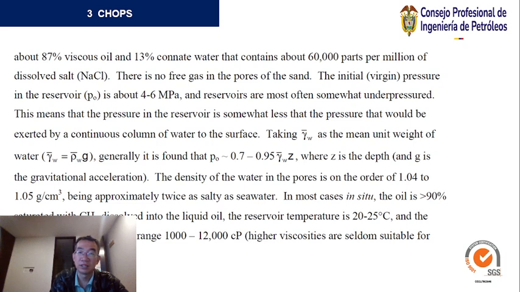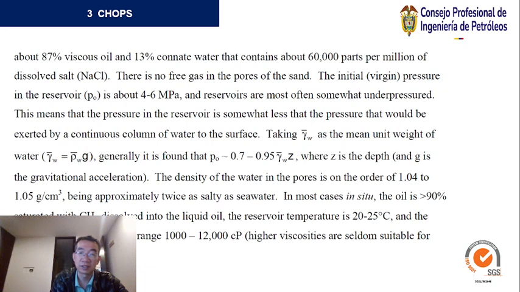Taking this as the mean unit weight of water, generally it is found that P0 is proportional to Z, where Z is the depth, the density of the water in the pores being on the order of 1.04 to 1.05, becoming nearly twice as salty as seawater.